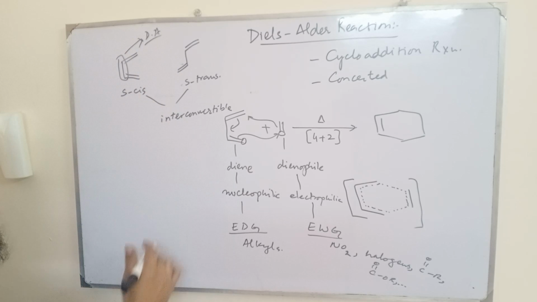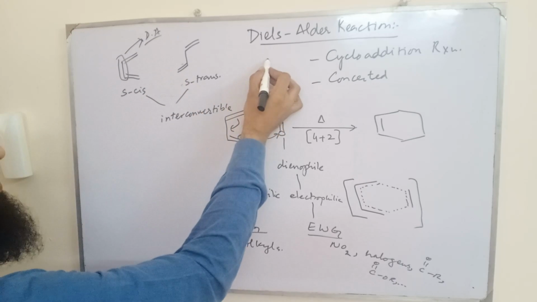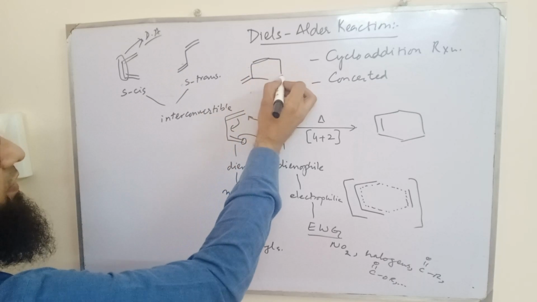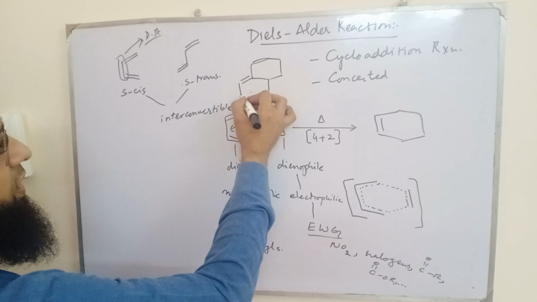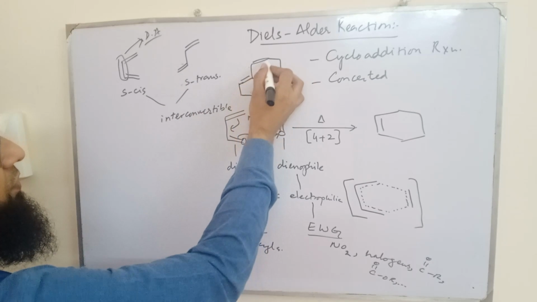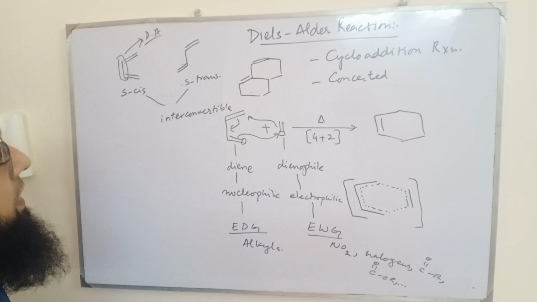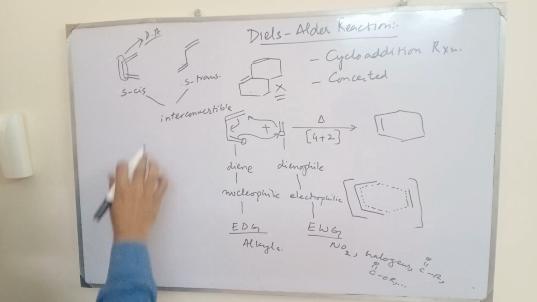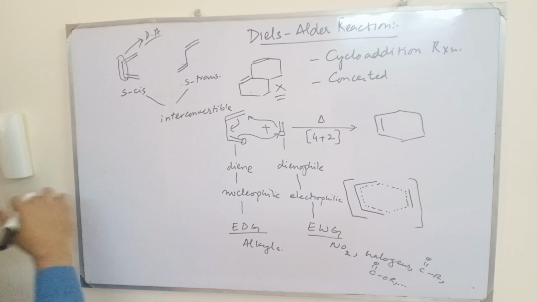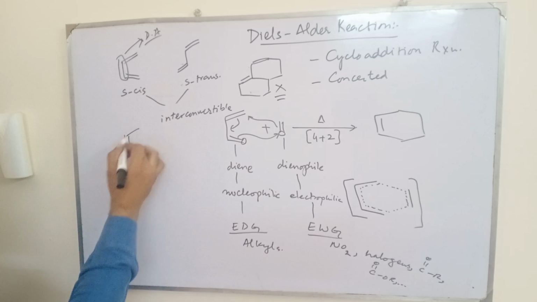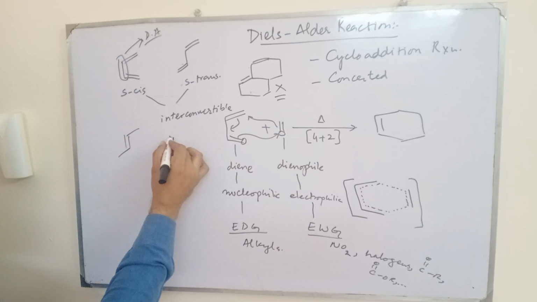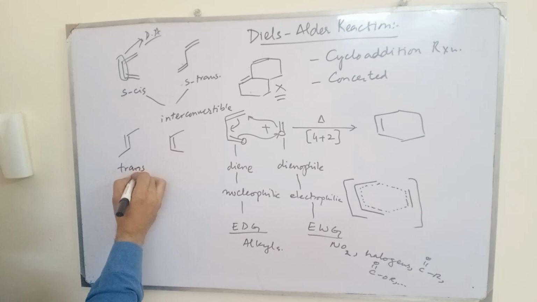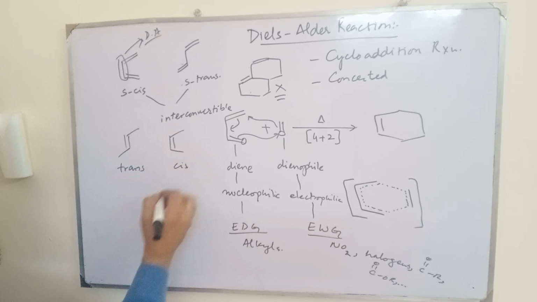However, in cases when the s-trans form is fixed, for example, we have a cyclic molecule and now free rotation has been restricted here, so this form cannot take part in the Diels-Alder reaction. This isomerism is comparable to general alkenes, which can also be trans or cis.